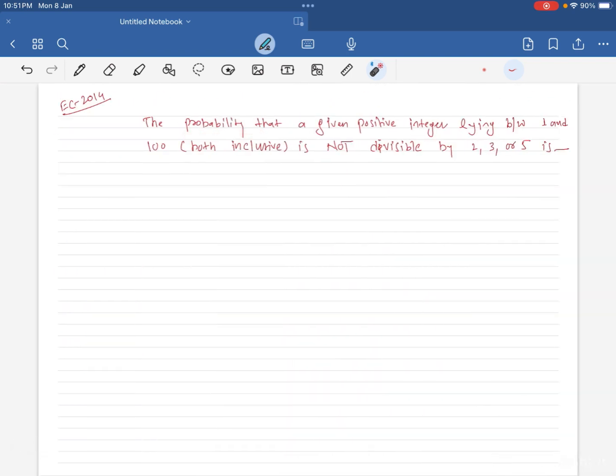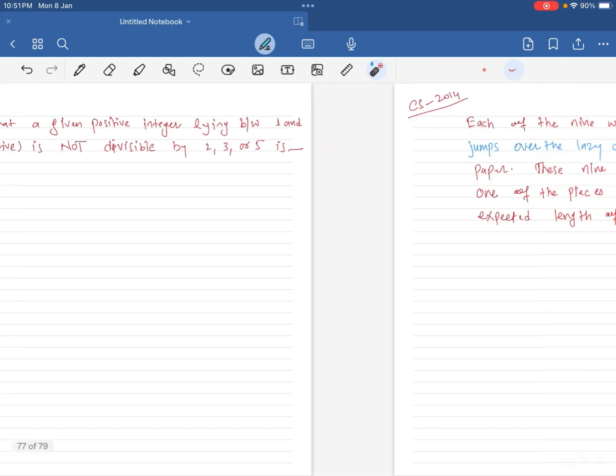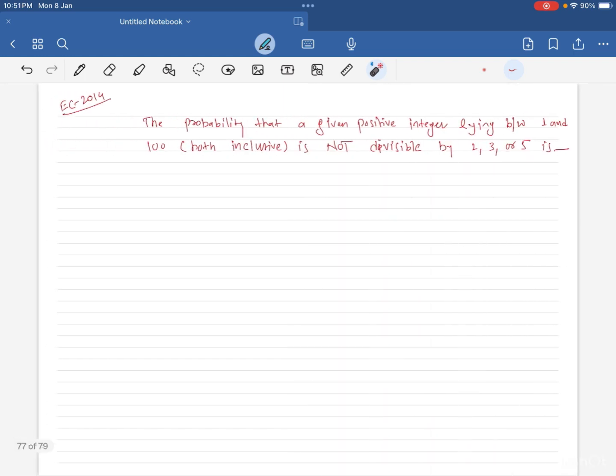This question is from CEC 2014. The probability that a given positive integer lying between 1 and 100, both exclusive, is not divisible by 2, 3 or 5. So it is not divisible by 2, 3 and 5. We have to look at 1 to 100. If it is not divisible by 2, that means we can remove all the even numbers, right?